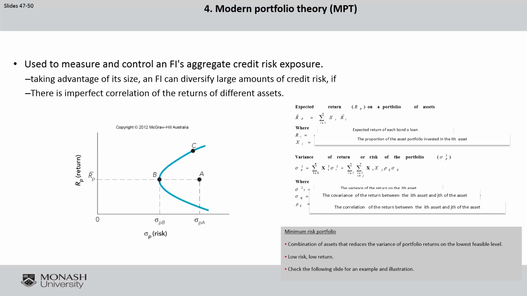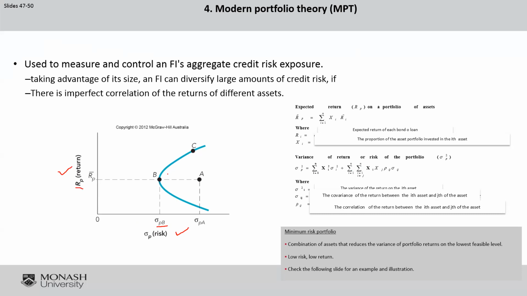Now the last one is the modern portfolio theory. Modern portfolio theory is coming from what we call the investment frontier. So you can build the point behind the MPT, which is modern portfolio theory. They will have the return here, and they will have the risk, which is actually here the standard deviation of the portfolio, and this is the return of the portfolio.